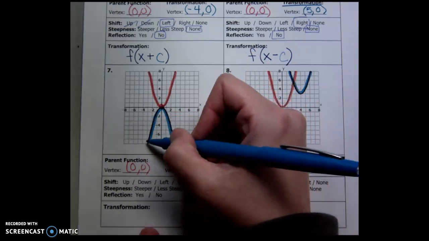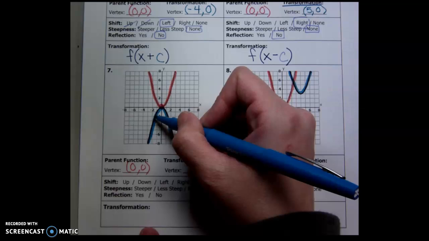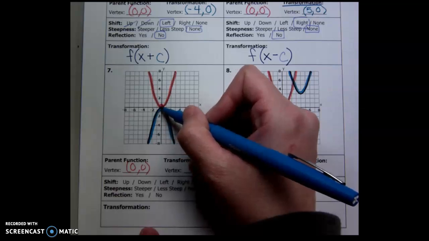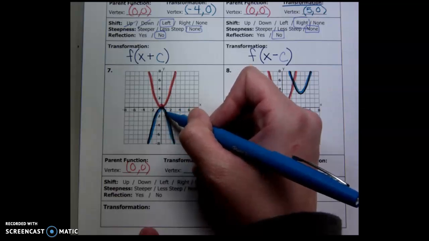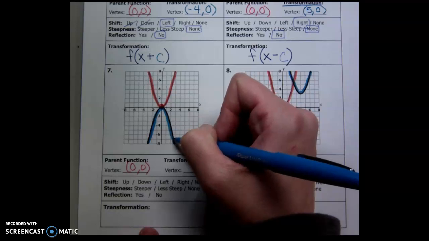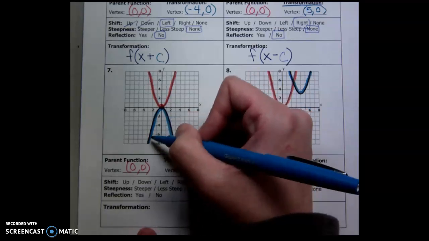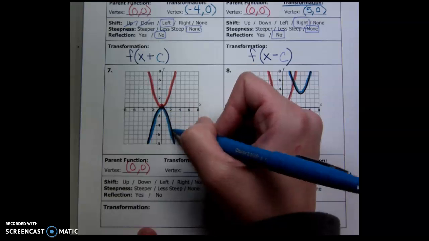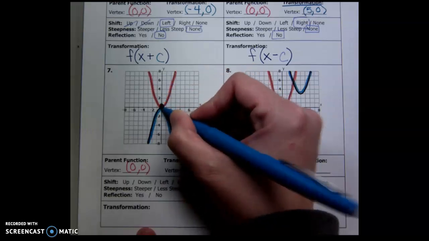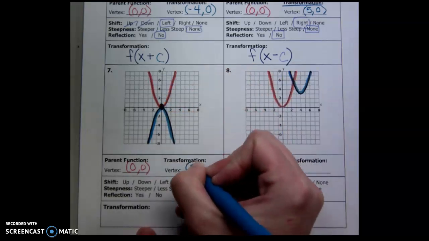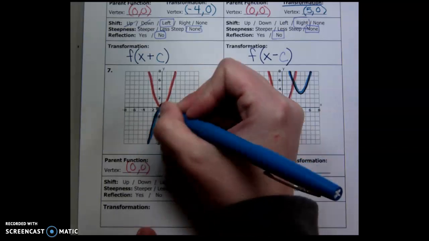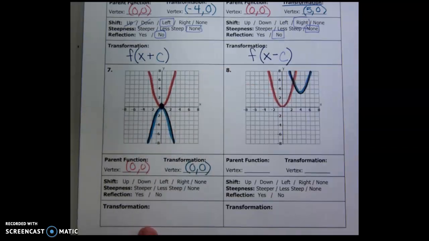So, here they're getting bigger, up to 0, and then they start getting smaller, because -8 is smaller than -6, or less than. So this is upside down. So transformation vertex is still 0, 0, because this is where it changes direction.